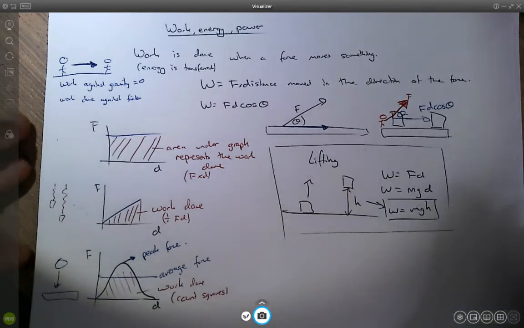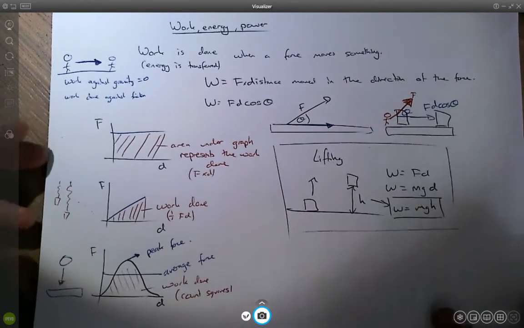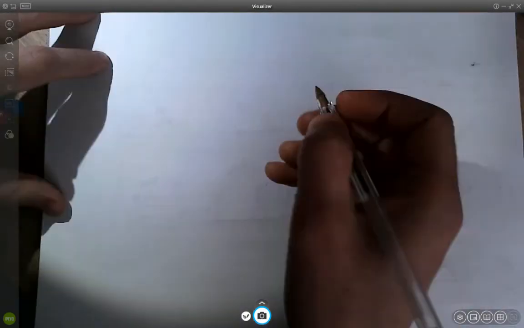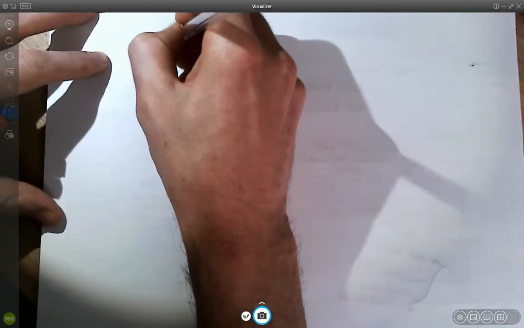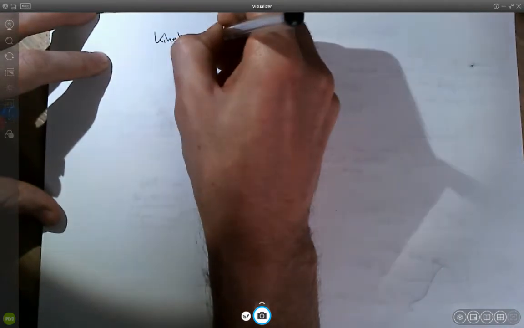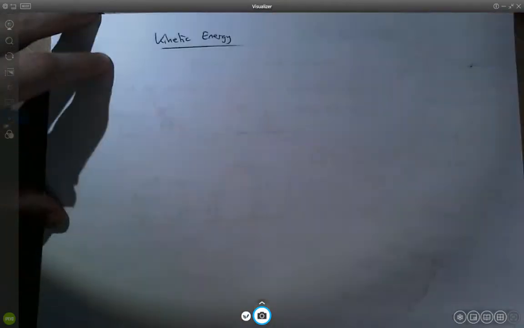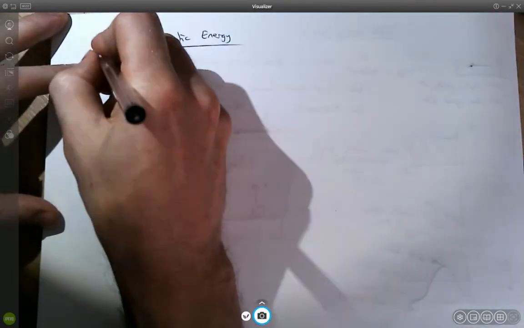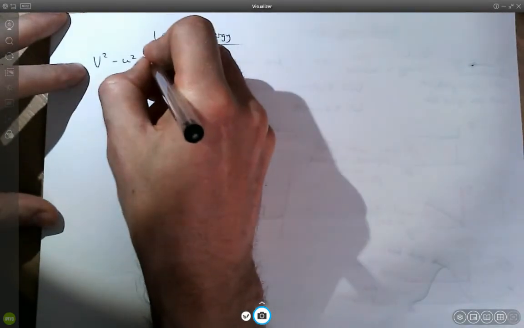What else do we need to know? Well, something that is used all the time and we've been using this year is kinetic energy. You may never have seen the derivation for this, so it's quite useful to show you. So we're going to start with a couple of equations that we've seen before.